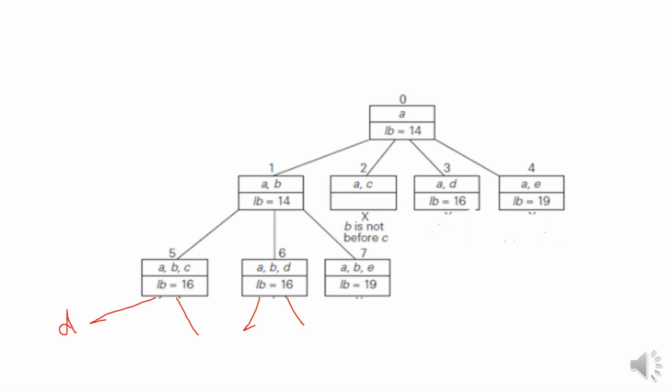You go to the city D or you can go to the city E. Now if you go to the city D, the leftover city is obviously the city E. And if you go to the city E, then the last city would be the city D. Similarly here, after going A, B, D, either you can go to the city C or you can go to the city E. But if you go to the city E, the last city that you visit could be C. And finally, you should end up with the city A.